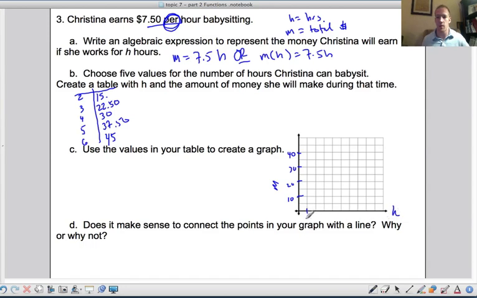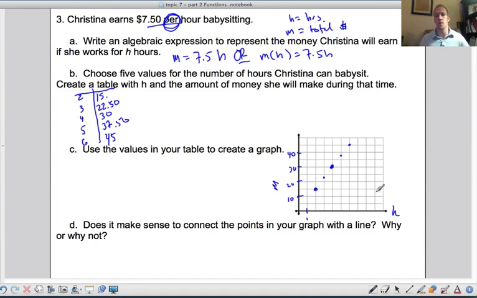And these can just count as 1. So (2, 15), (3, 22.50), (4, 30), (5, 37.50), and (6, 45). All right, so we made our graph.